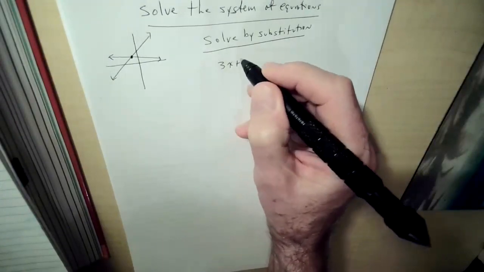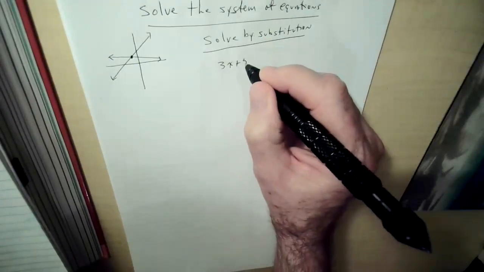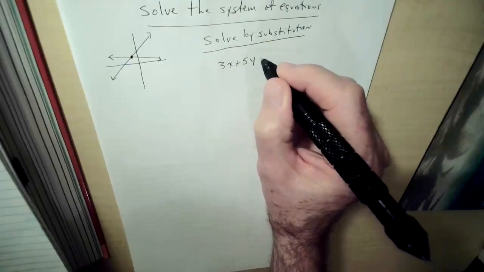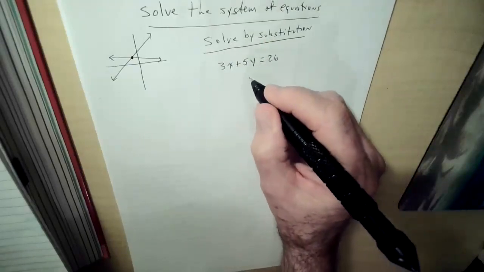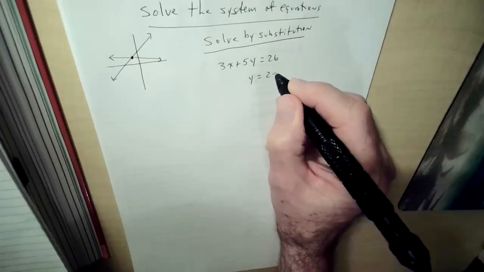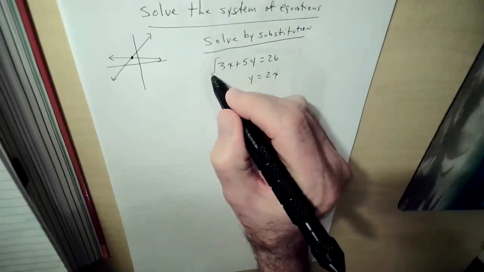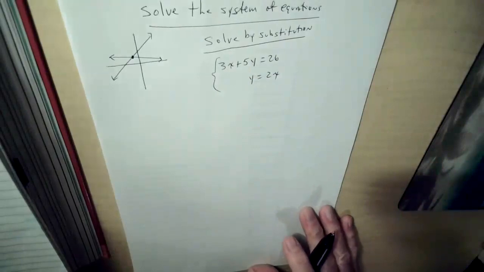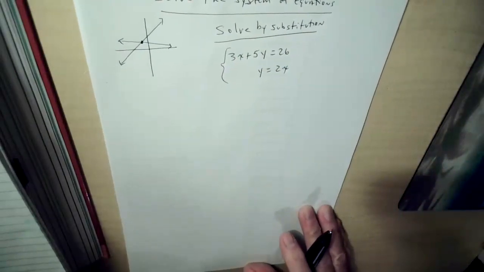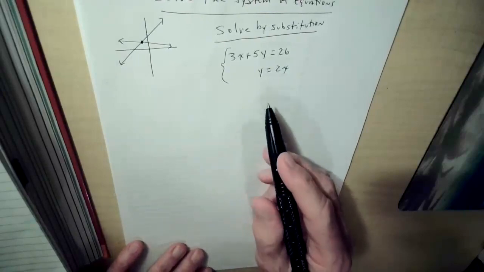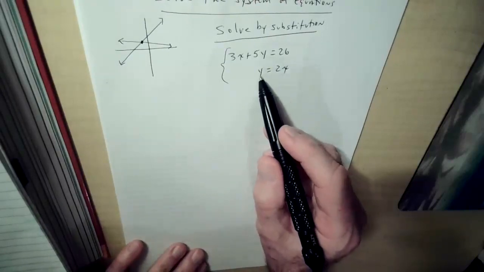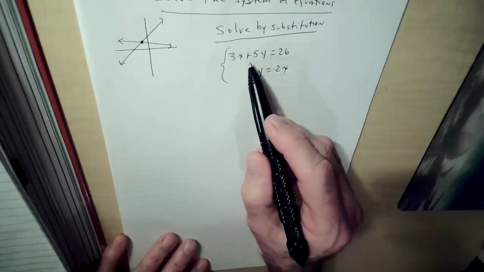This is going to take into account an awful lot of what we've already done. If you have this line, 3x plus 5y equals 26, and you have y equals 2x, we put a bracket around it to signify that it's a system of equations.